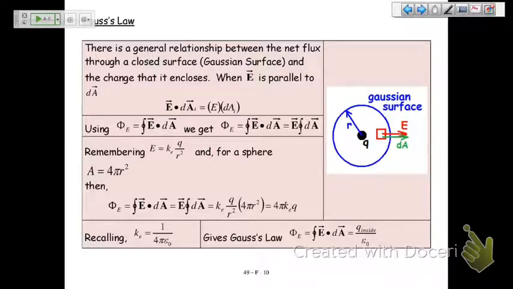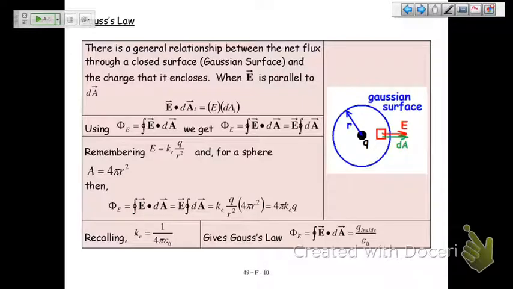There's no charge there, there's nothing there, it's just a point of interest. My job then is to imagine a closed Gaussian surface. Imagine constructing a surface of these little cards or tiles that is closed.